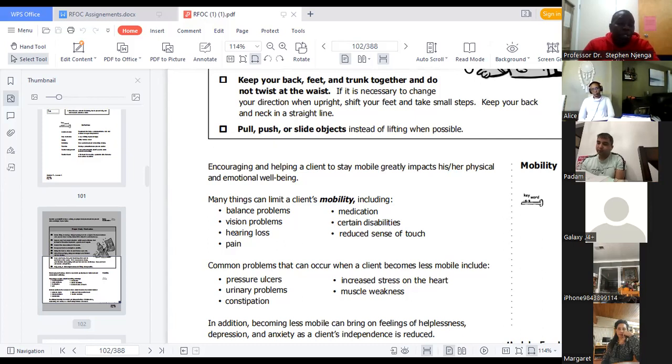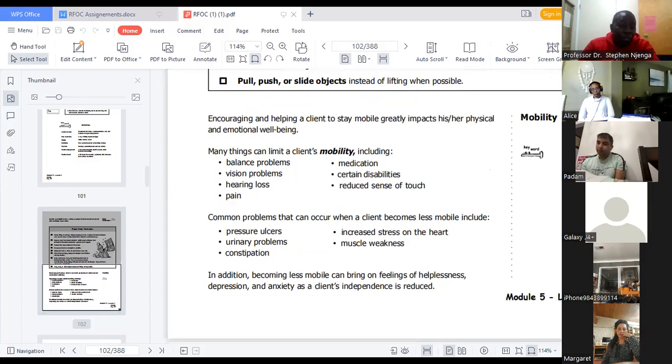They may also have muscle weakness, and if they have muscle weakness, then it means that they become completely immobile. In addition to becoming immobile, this can bring feelings of helplessness. With something small that happens, they are afraid, they will freak out and think that maybe something else is going to happen to them.